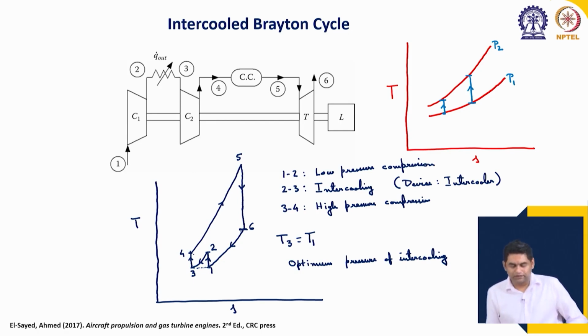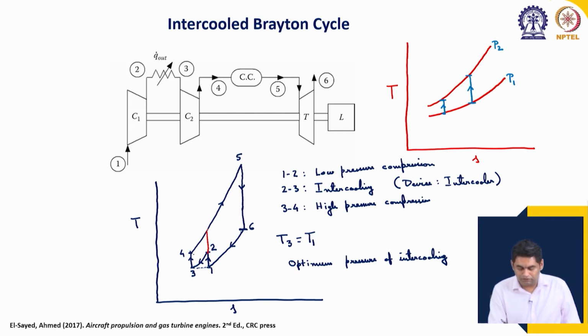So, what is the net result of this? The net result is that the overall work input to the compressor decreases, because now we have a compression process which occurs at lower temperature. The second part occurs at lower temperature as compared to the original case, which would correspond to this red line, although it is not apparent from the diagram.